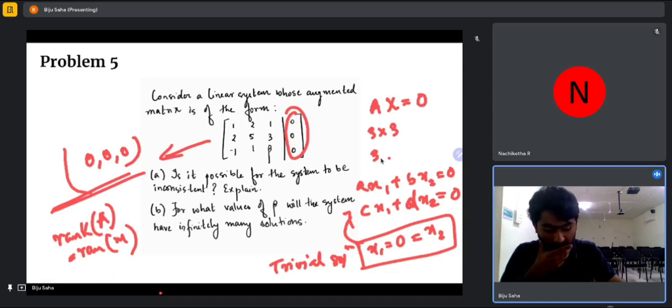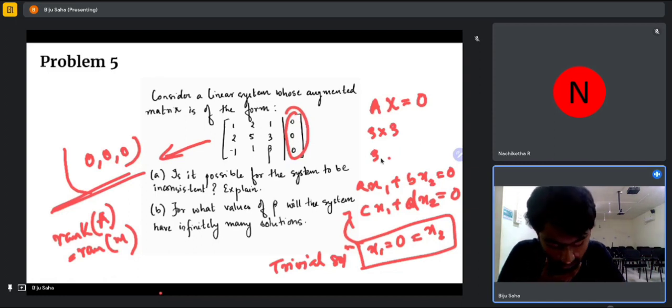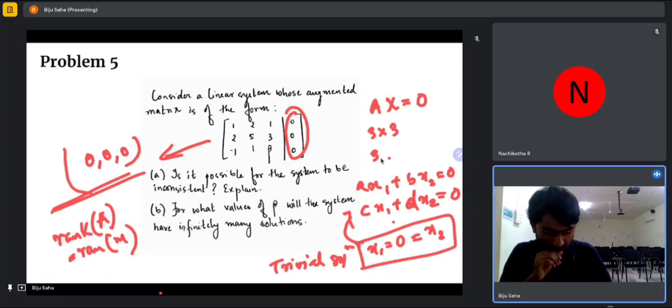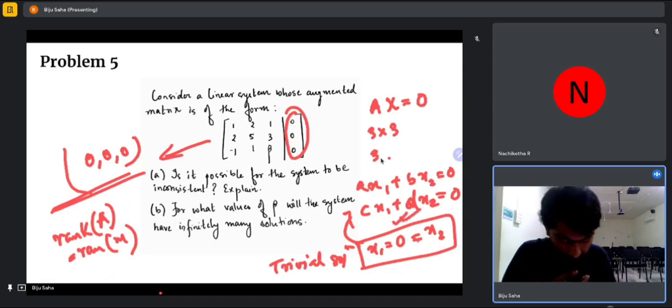Now whether it will have infinitely many solutions or a unique solution. For the case of a unique solution, this solution is always satisfied, so that is the case of one particular solution.